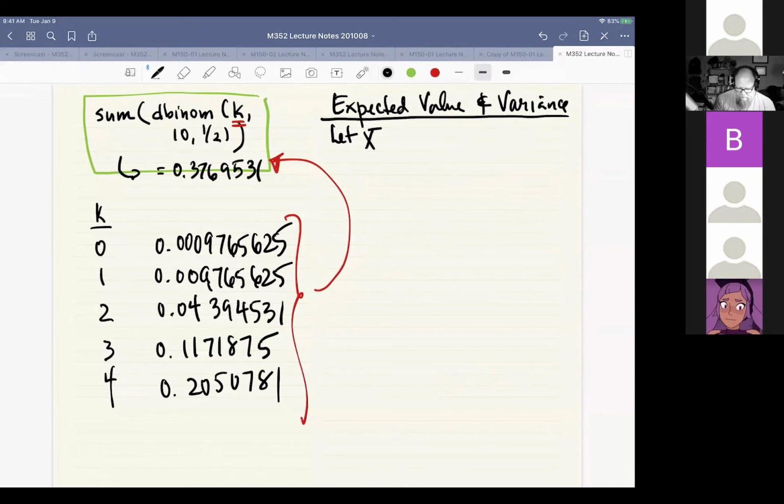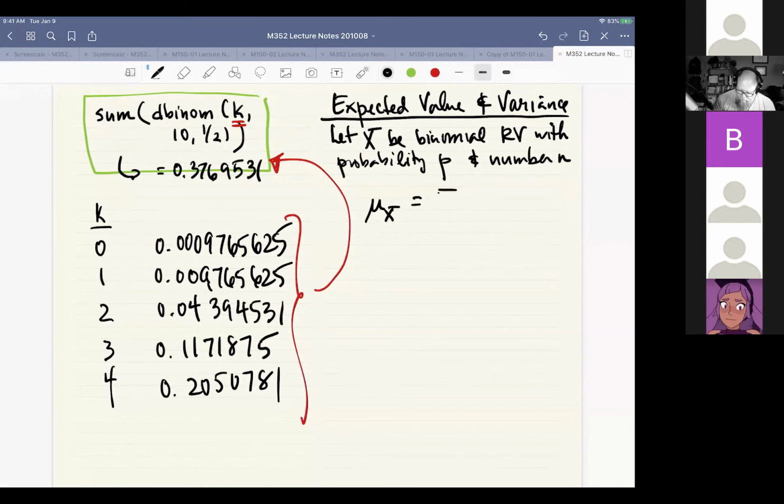So we're going to let X be a binomial random variable with parameter P and total number of trials N. And I want to know what's the mean? What's the expected value for this random variable?